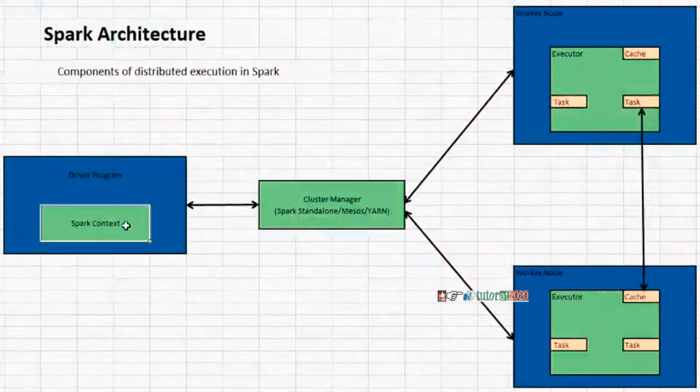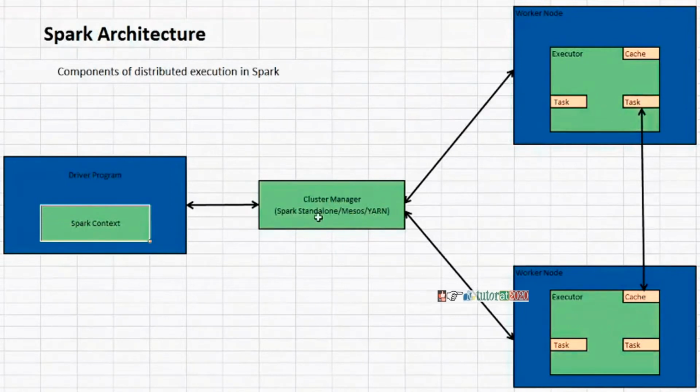When you execute this program on some distributed cluster, like Hadoop or Mesos, or Spark's own cluster manager called Spark standalone, using which you can build a cluster, the Spark context object connects with the cluster manager.